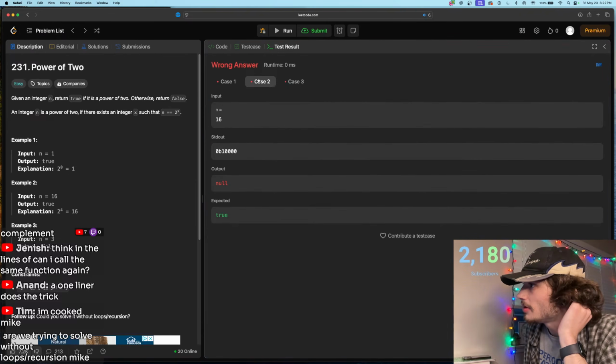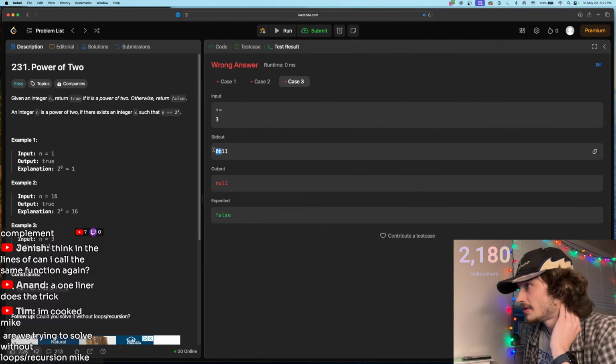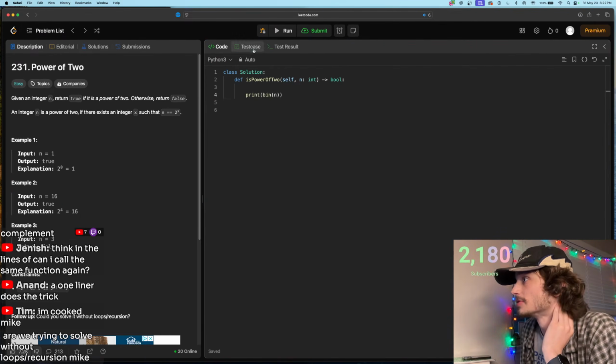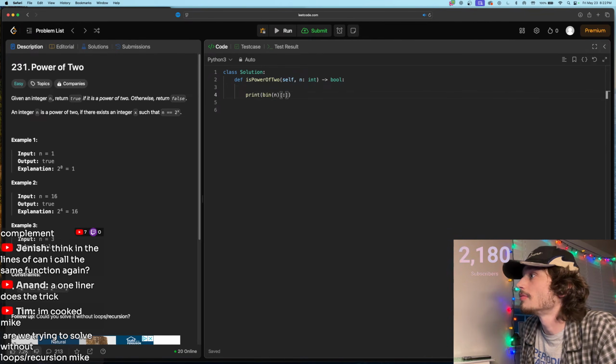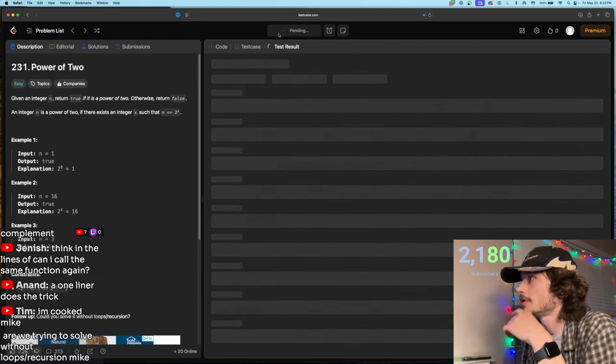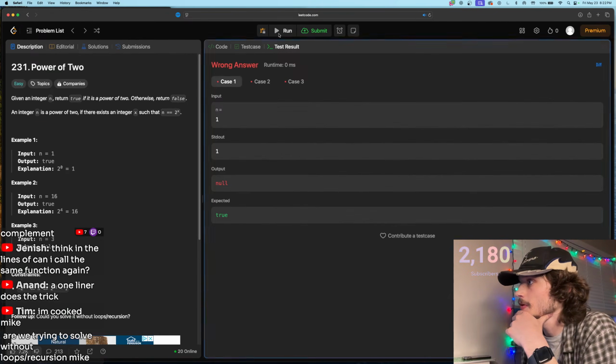Okay, 0b1, b01, b11. Okay, we want to get off that. So let's print bin, slice off the first 2 characters. Okay.